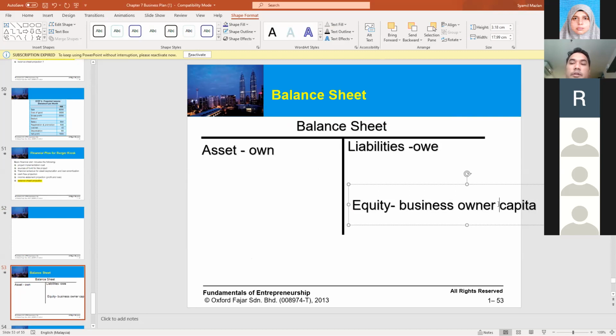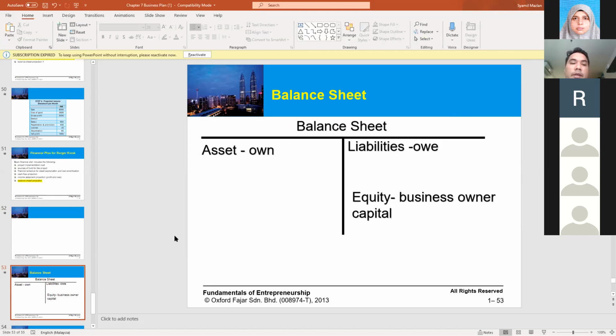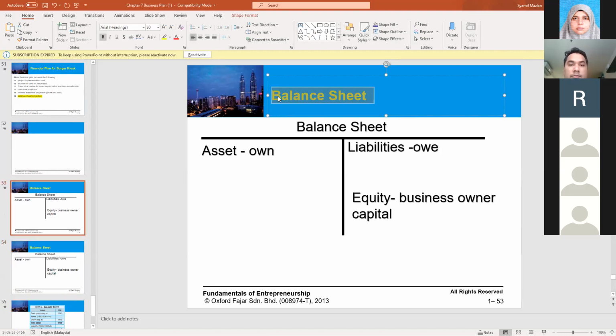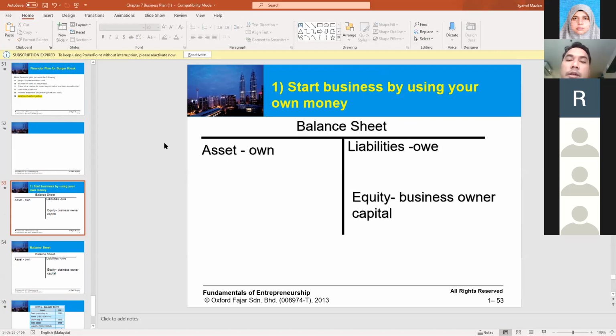For example, I give you one scenario. The first scenario is that you start a business by using your own money. How do you record it in the balance sheet? You increase your own capital.